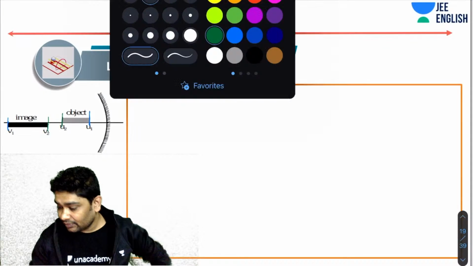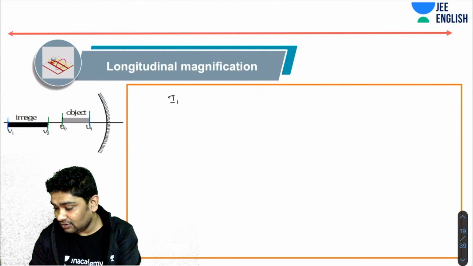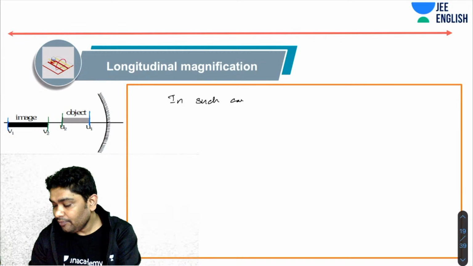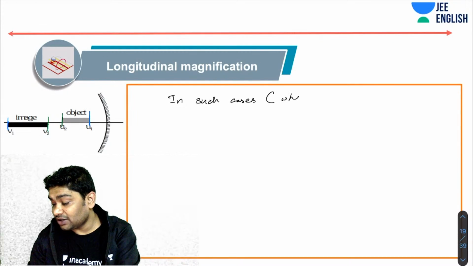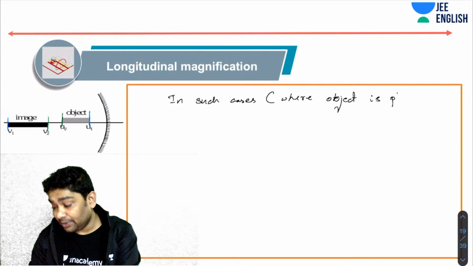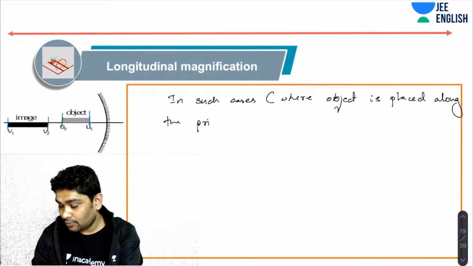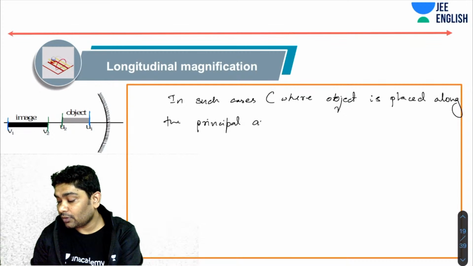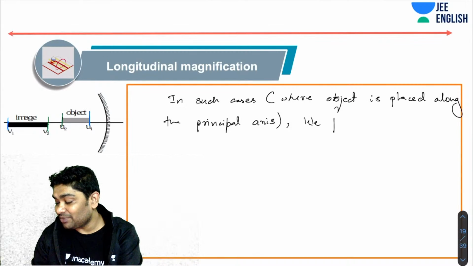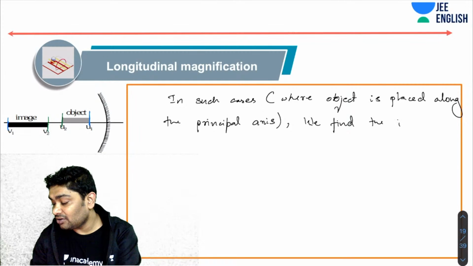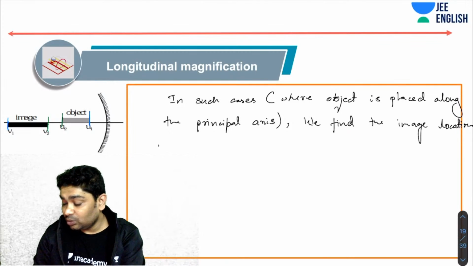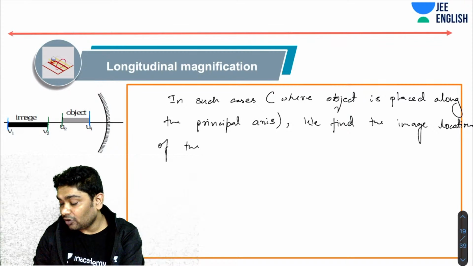So in such cases, where the object is placed along the principal axis, we find the image points or the image locations of the two ends of the object.